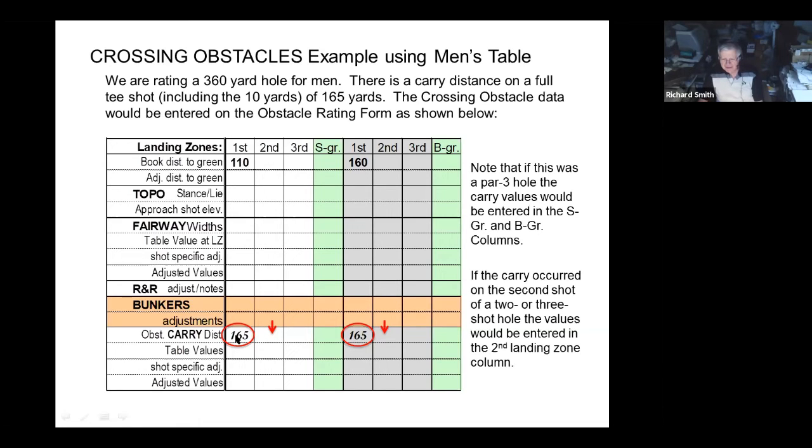The tee shot doesn't end up at 165, obviously, but it ends up at the landing zone that's associated with the tee shot. The par 3, the landing zone is the green. It's a one-shot hole. But we could quite easily have a situation where the carry on a long hole was maybe right in front of the green instead of off the tee.